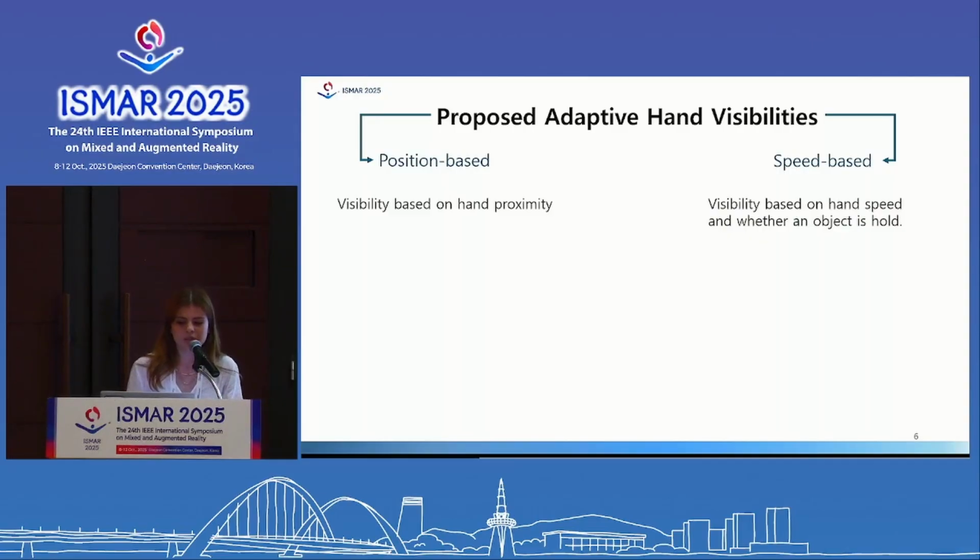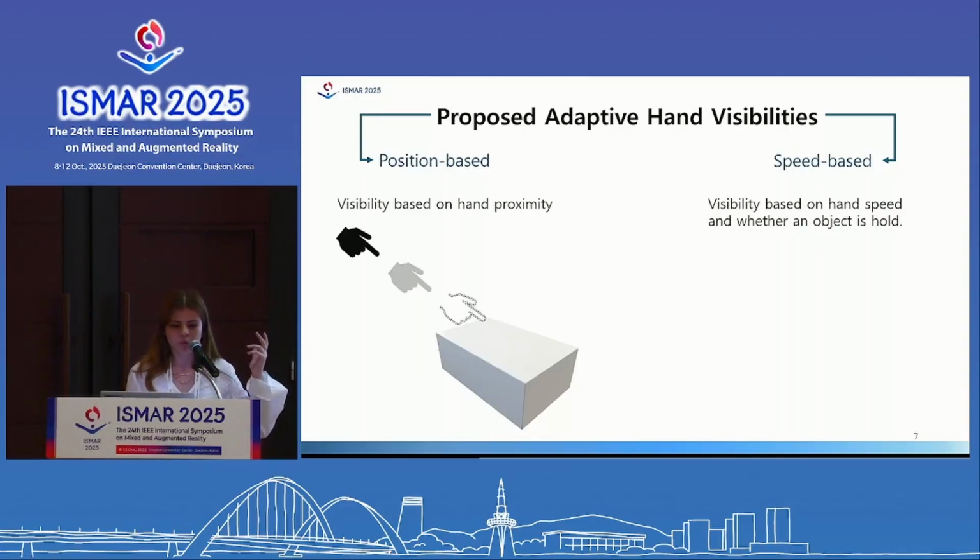On the other hand, speed-based hand visibility is adjusted based on the hand speed and whether the user is holding an object or not. In the position-based one, colliders can be added around the interactive objects and hands. During the inserting movement, the closer the hands are to the interactive object, the more the hands start becoming invisible.